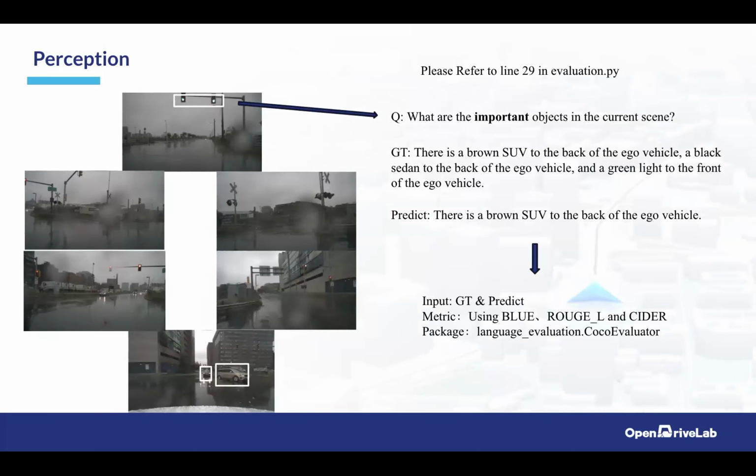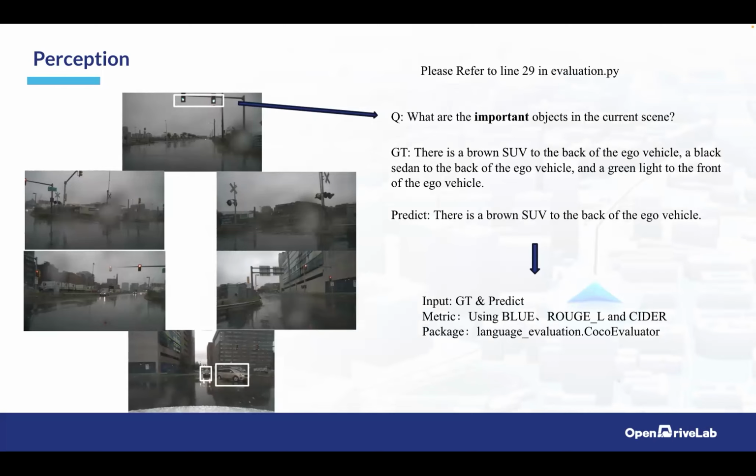For the perception part, we adopt the general idea of object detection into language evaluation. Say the question is what the objects in the scenario are, and the GT answer will involve several object descriptions, and then the predicted answer will maybe cover one or more of the objects.